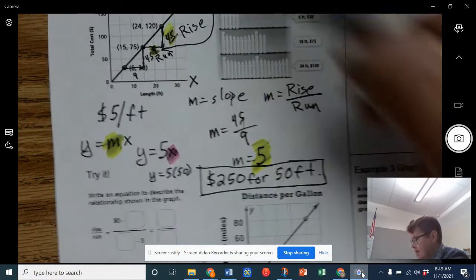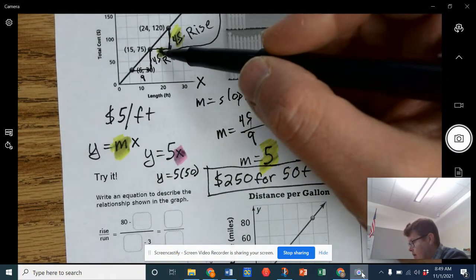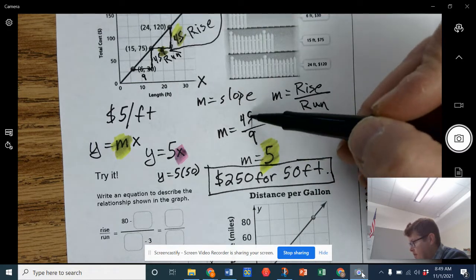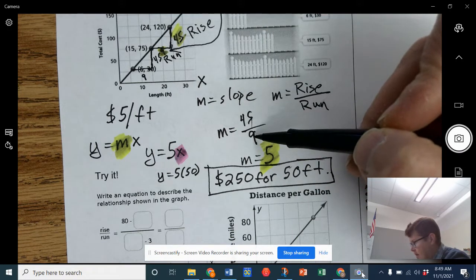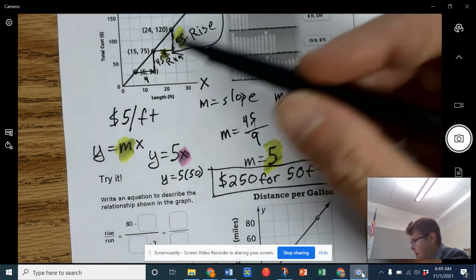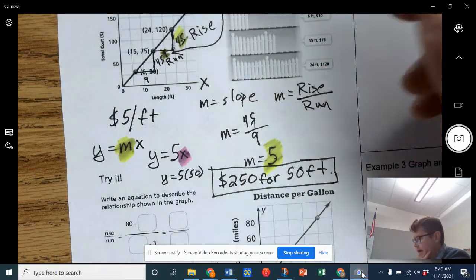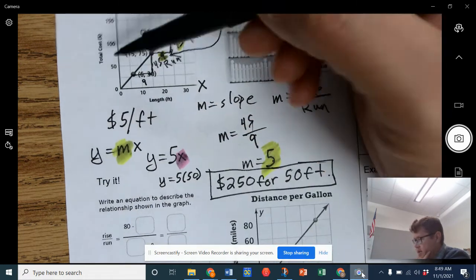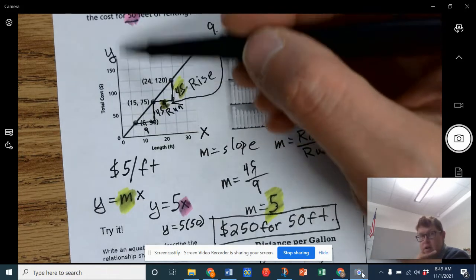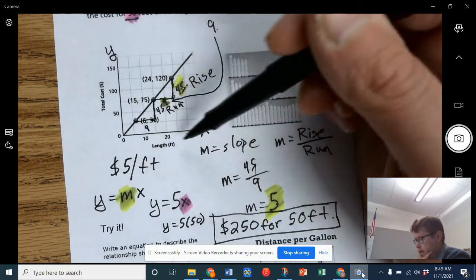Okay, hopefully that made sense, guys. We get our rise of 45, our run of 9. We take rise divided by run, 45 divided by 9 gives us 5, right? And then we can actually put this in an equation: y = mx. Our y value is the vertical numbers, and our x values are the horizontal numbers.